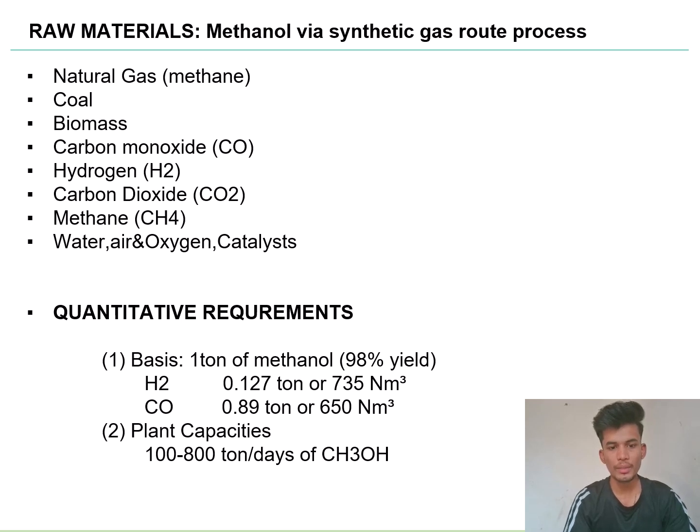About quantitative requirement, for 1 ton of methanol production, we require 0.127 ton of hydrogen gas and 0.89 ton of carbon monoxide. And plant capacity is 100 to 800 ton per day of methanol.